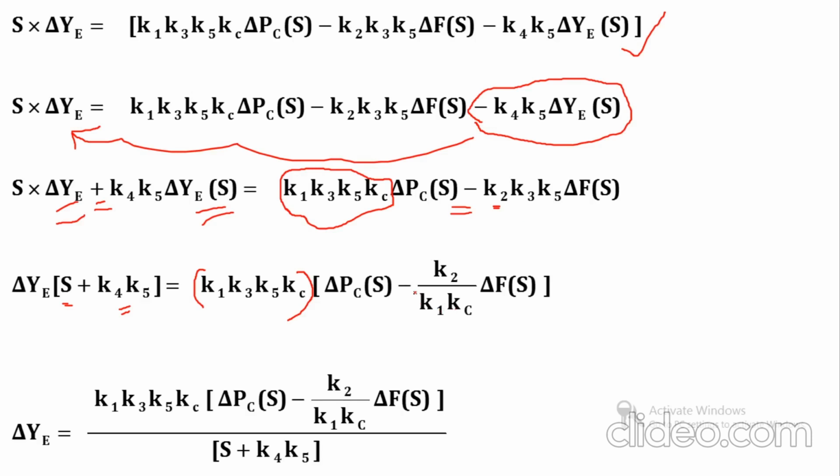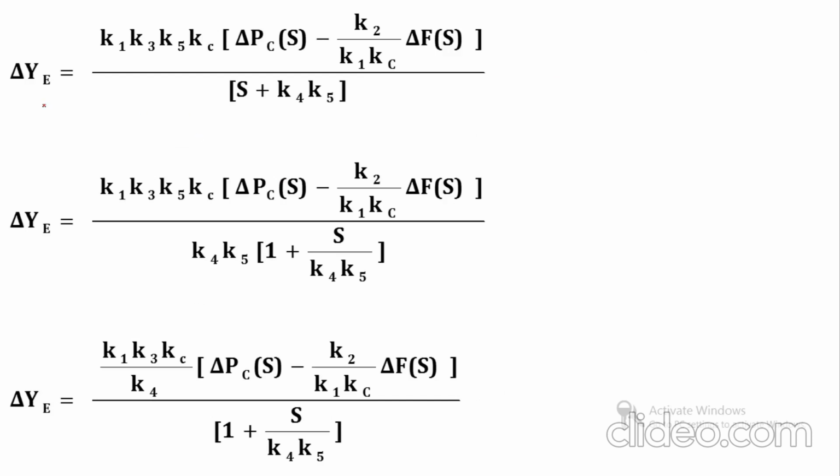So finally we have output delta YE is equal to, this is our numerator, and this goes to the denominator, S plus K4, K5. This is our output equation, that is the valve setting at point E.